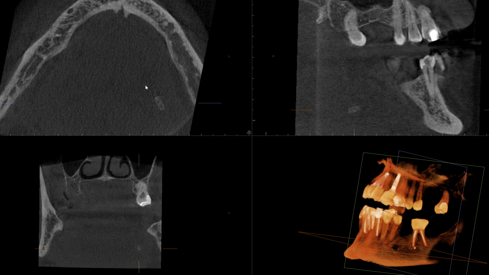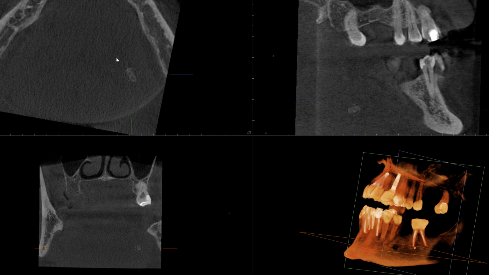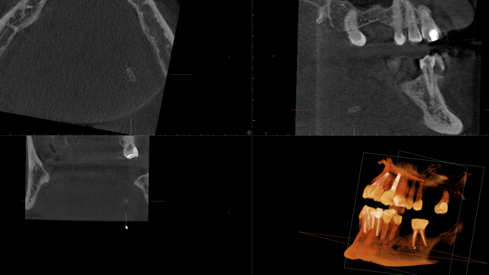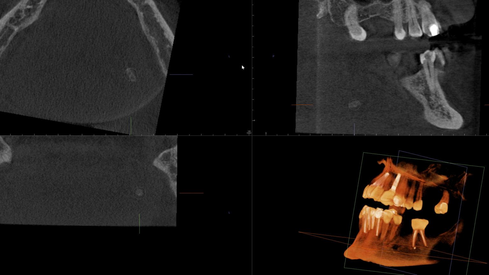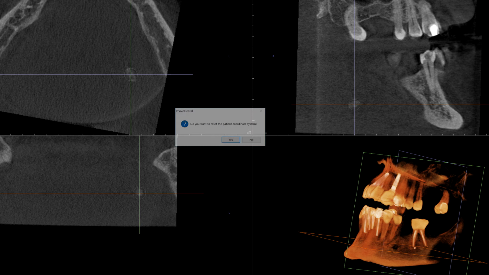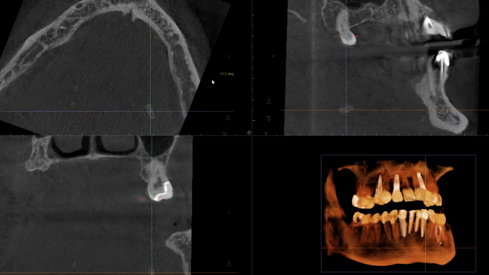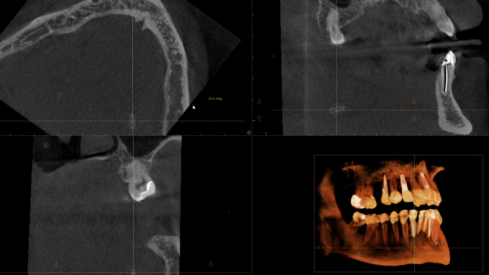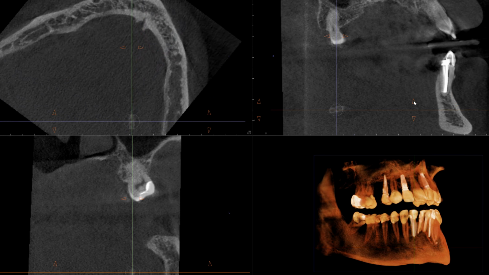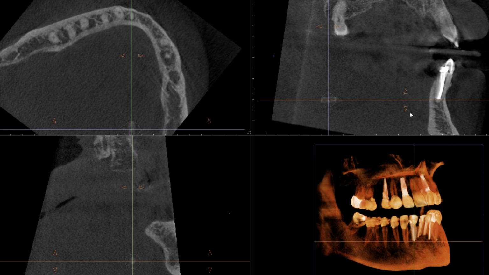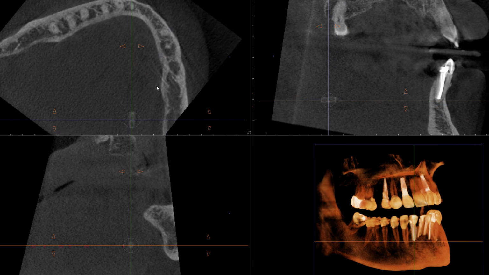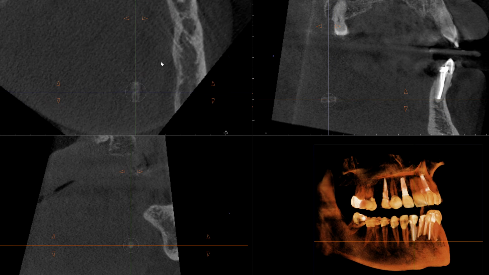Anyway, I've already told you what this is, but let's take a closer look at this calcification. What I'll do is rotate the volume so that we can look at this through the entire length of the calcification. So let me zoom in.